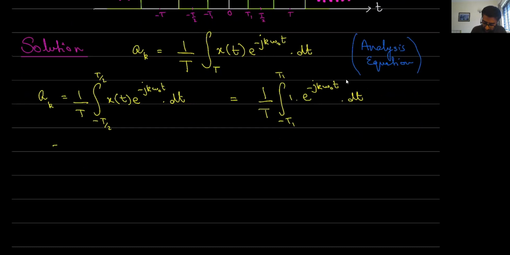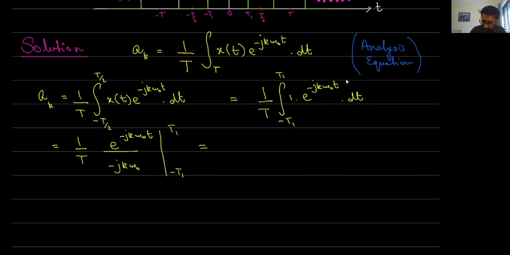So if I compute that integral, this is e raised to the power minus j k omega naught t upon minus j k omega naught, and this integral needs to be evaluated from minus t1 to plus t1.